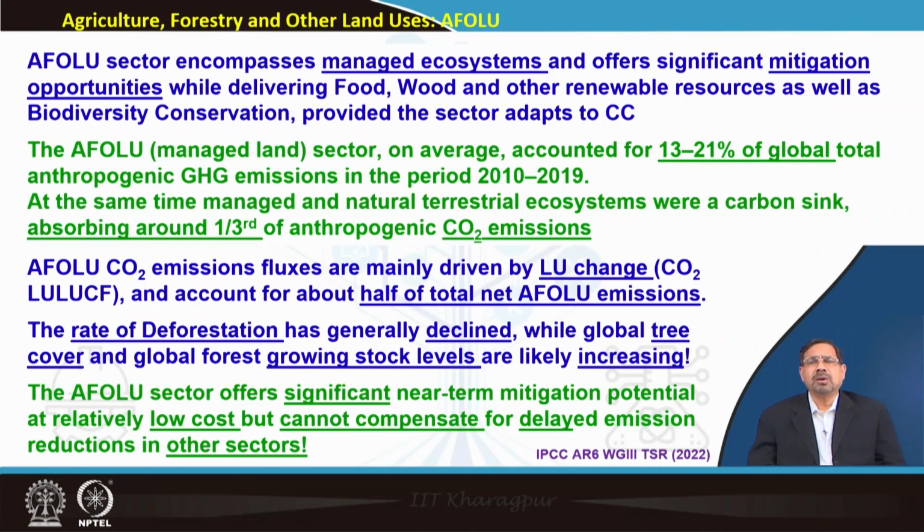Second, this AFOLU, or we say the managed land sector. So, if you manage them well. On average, they account for about 13 to 21% of the total global anthropogenic greenhouse gas emissions, which has accounted during the period of 2010 to 2019, the past decade or the second decade of this century.